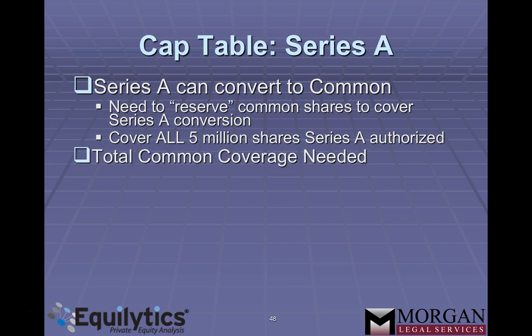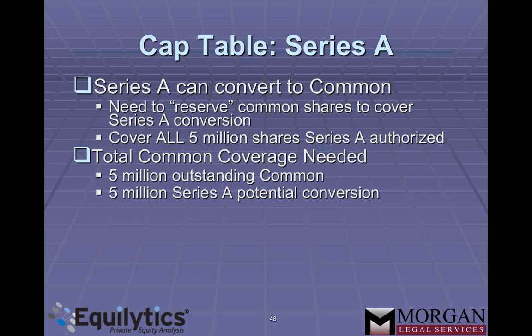So, what's the total common coverage needed? First of all, we obviously need to cover the 5 million outstanding. So we have to have enough authorized common to cover what has been issued, 5 million outstanding. We need to have enough common to cover the potential conversion of Series A, which is another 5 million, because we have 5 million Series A that's been authorized.